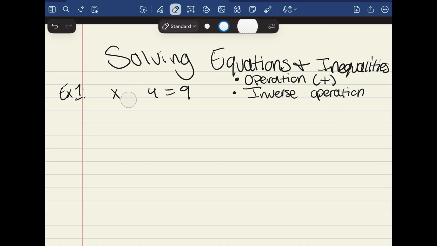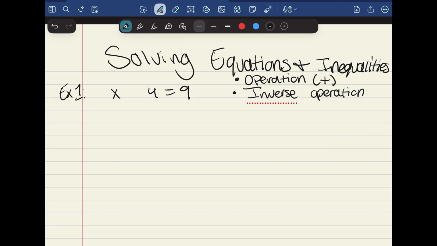What do you think inverse means? I'll give you a second to think. If you said opposite, you are correct. So if my operation is plus, my inverse, my opposite of plus, will be subtraction.